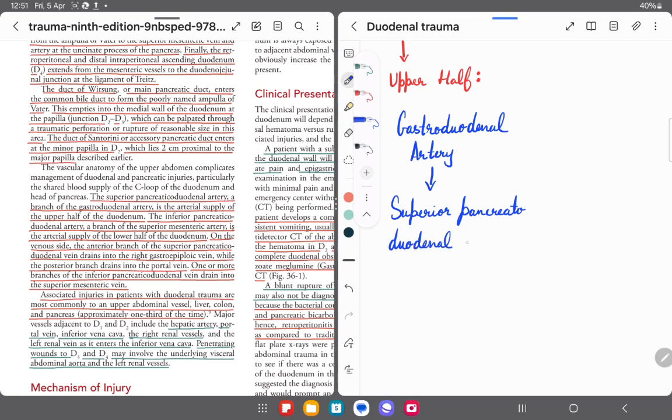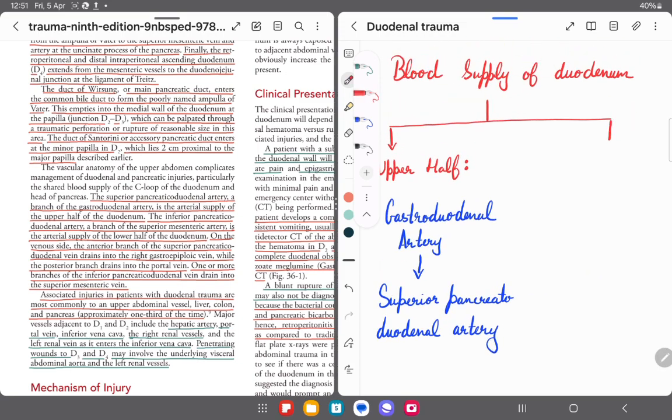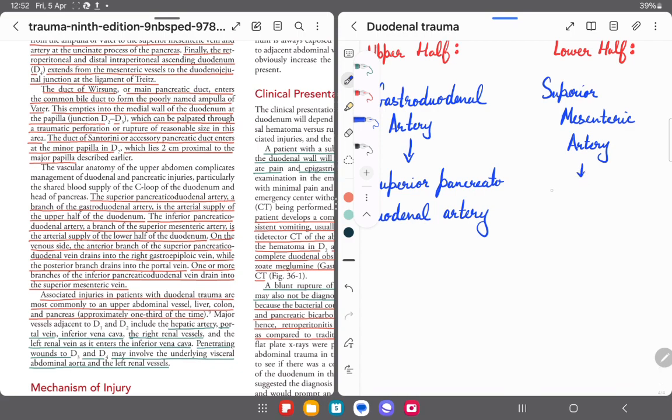And we have a lower half, which is supplied by the superior mesenteric artery, which gives the branch called the inferior pancreatico-duodenal artery.